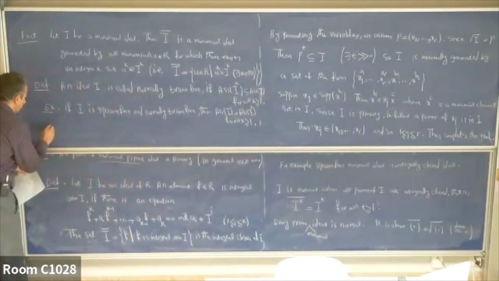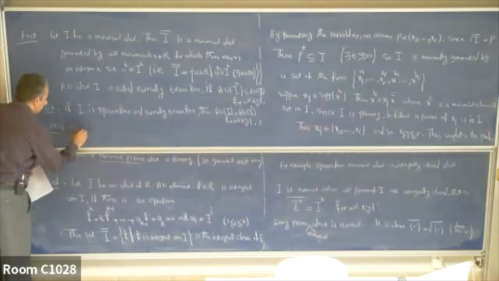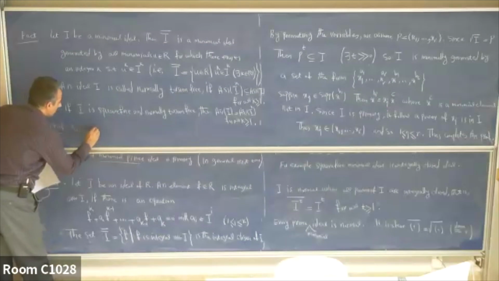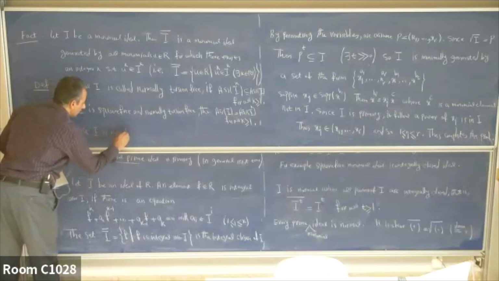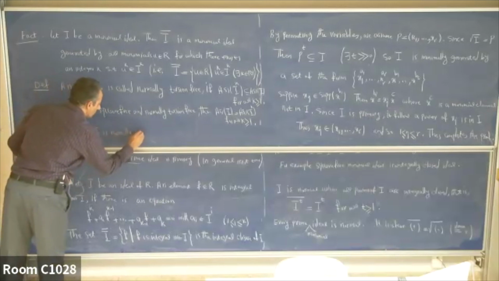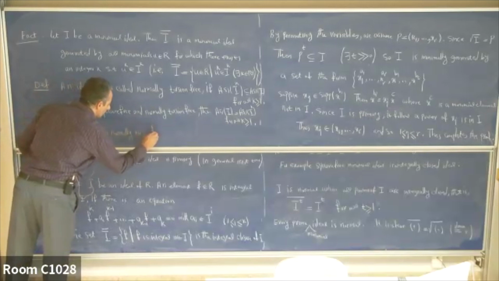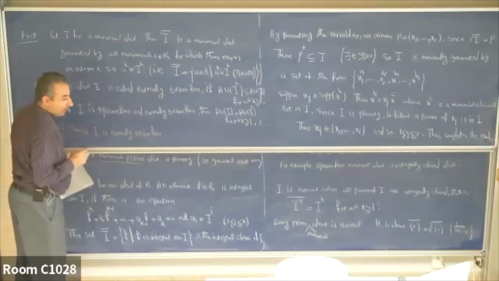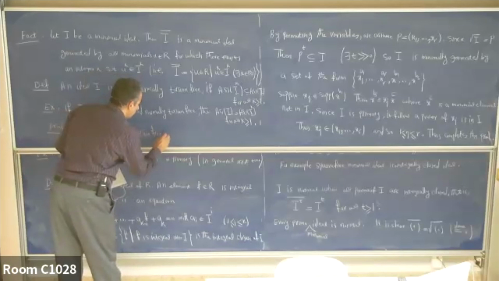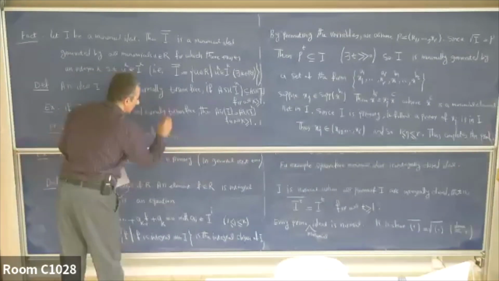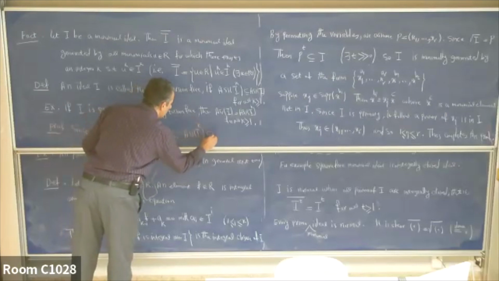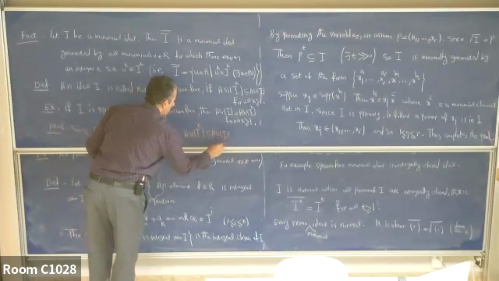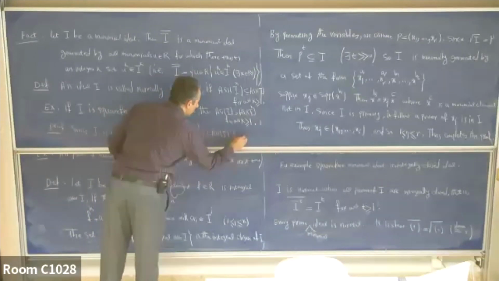Proof. Since I is normally torsion free, then by definition Ass(I^k) is contained in Ass(I) for all k.